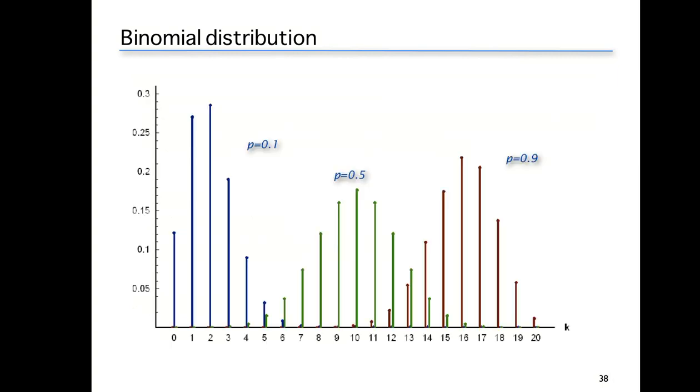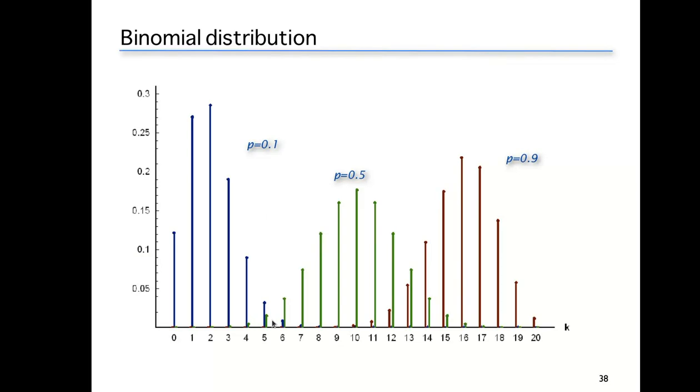In this slide you can see a visualization of the binomial distribution for different p values, and in this case n was set to be 20. Sometimes this is denoted by k, so don't get confused. You can see that we get different distributions for different p values.